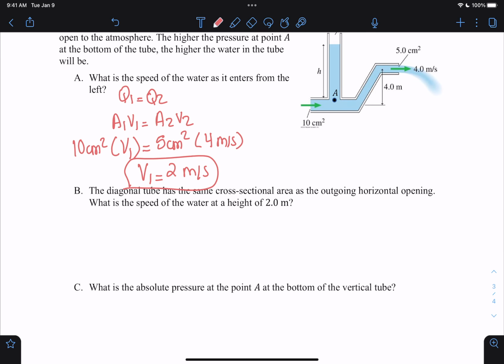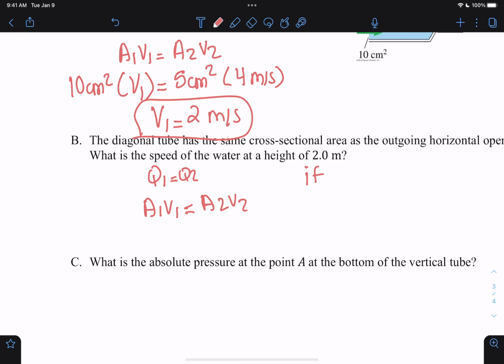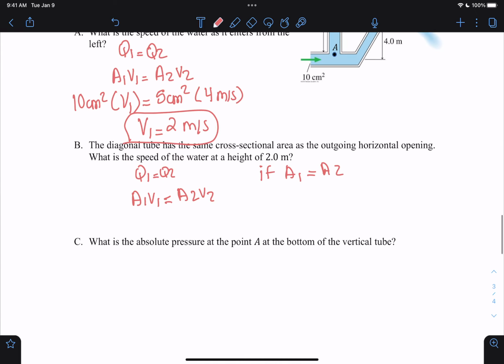That's equal to A1 V1 is equal to A2 V2, right? Well, A1 is equal to A2 because the diagonal has the same cross-sectional area as the horizontal. So we can say A diagonal is equal to A horizontal.